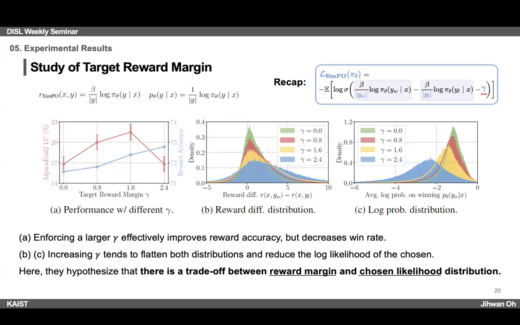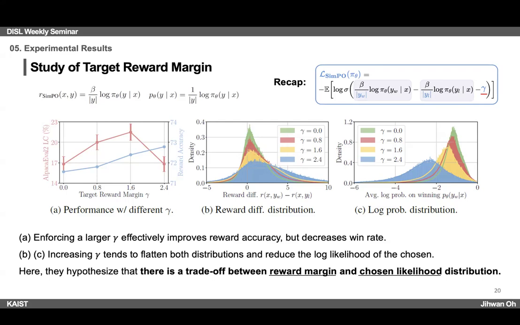Increasing gamma leads to a higher reward accuracy, colored in blue, but the win rate peaks around gamma equal 1.6 and then drops. This suggests that although enforcing a larger margin improves reward separation, it can decrease generation quality on win rate if gamma is too large.